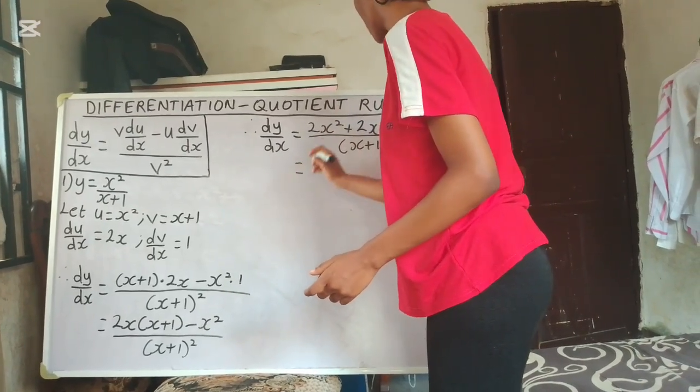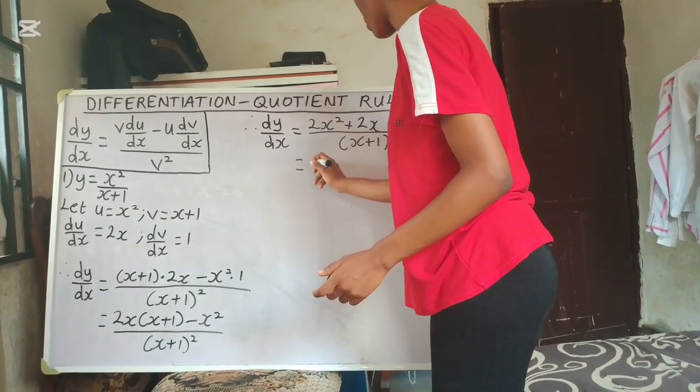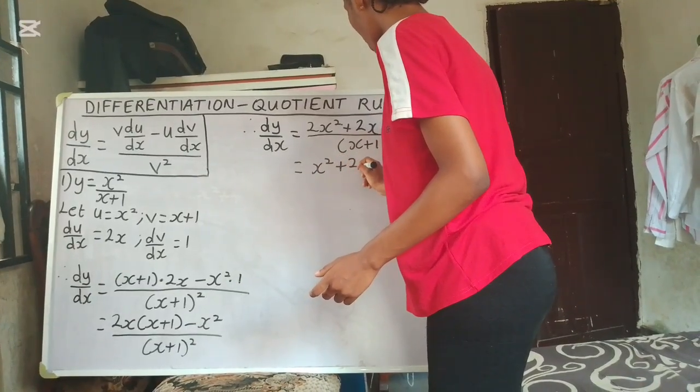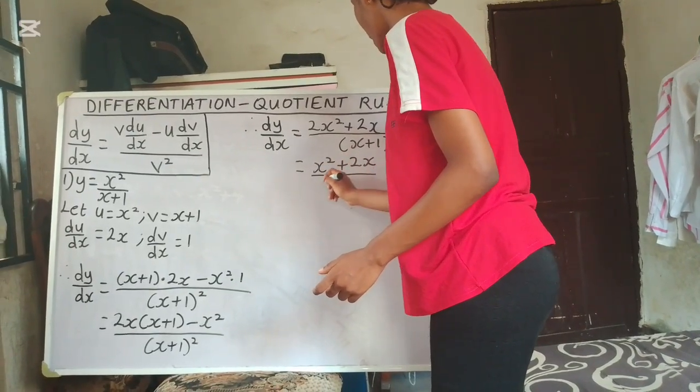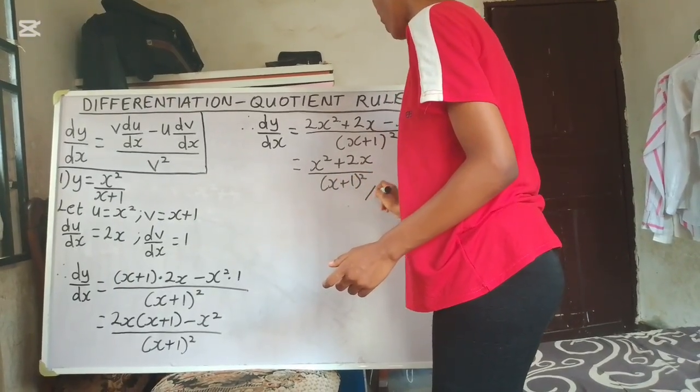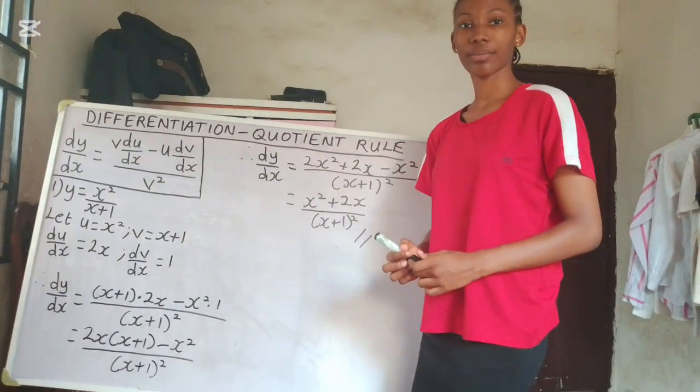So this will give us 2x squared minus x squared plus 2x all over x plus 1 all squared. This is our final answer.